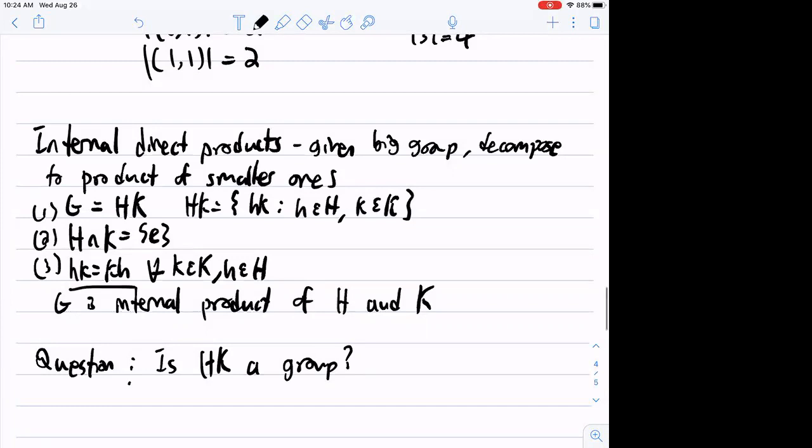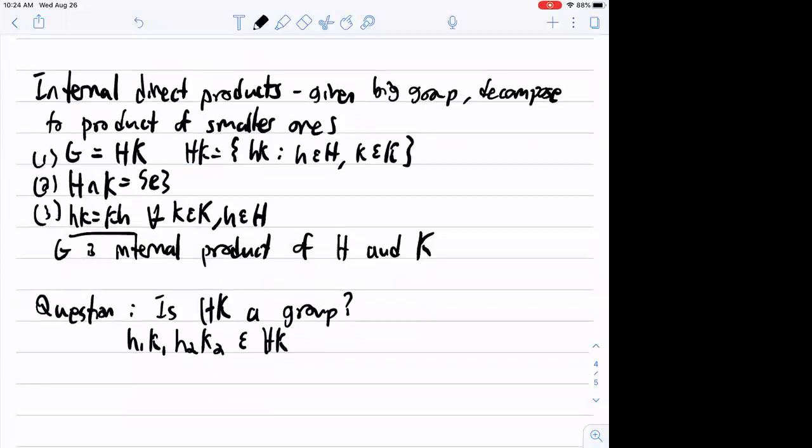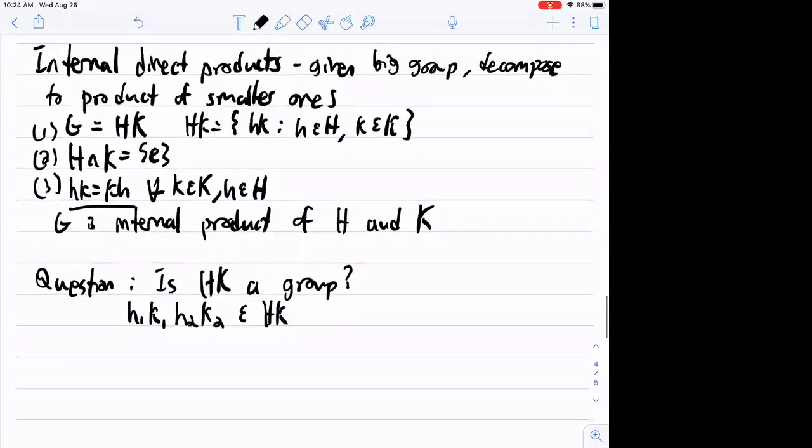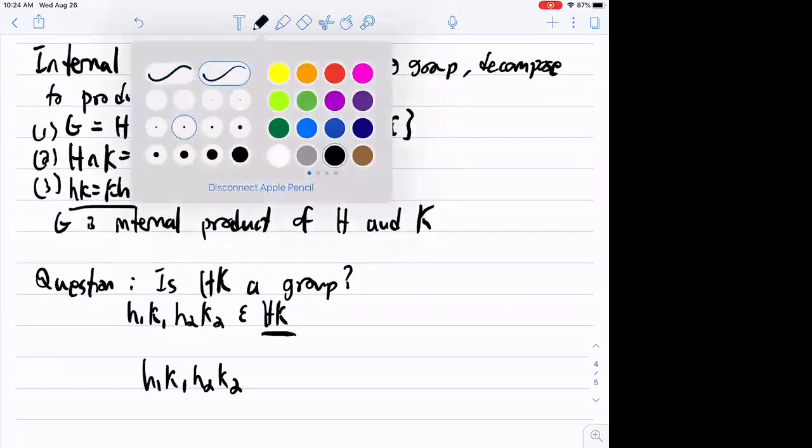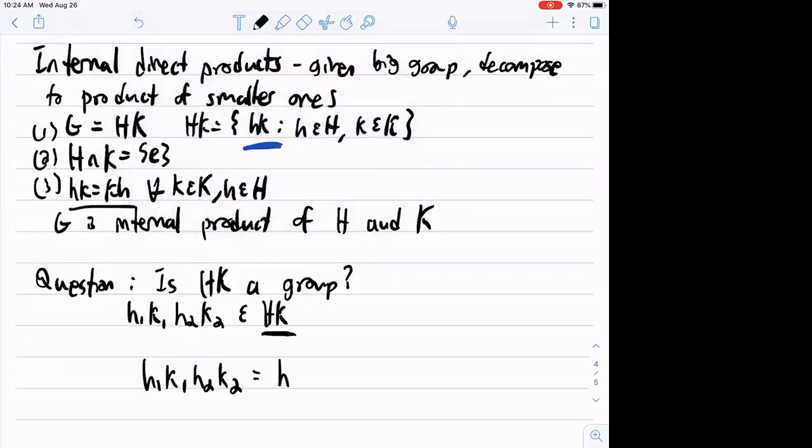If I take h1k1 and apply the group operation with h2k2, this better be in HK. If I take two elements in a group and do the group operation, the result has to remain in the group. So what does it mean to be in here? By definition, HK is elements of the form something in H times something in K. So it better be something like h3k3 for some h3 in H and k3 in K.